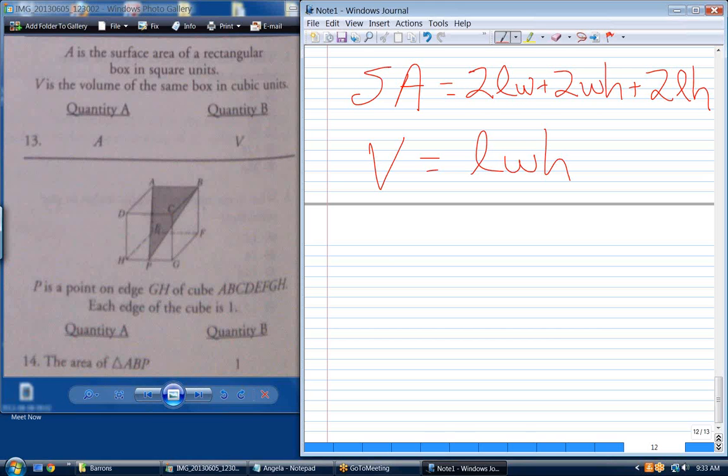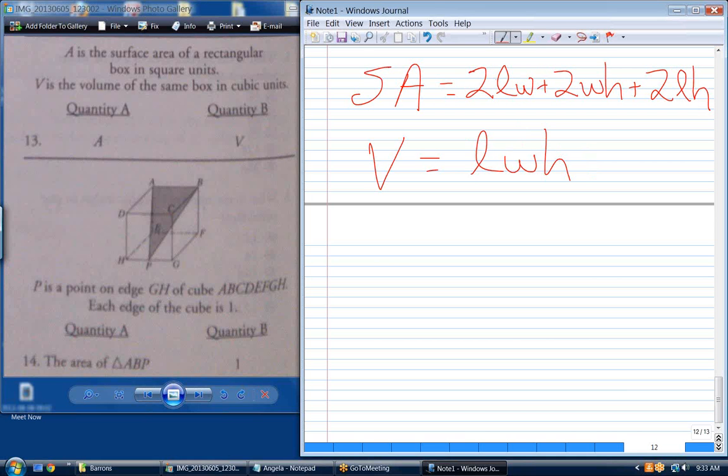What if L, W, and H are all 100? In other words, if L, W, and H are all 1, the volume is 1, clearly the surface area is 6. So in that case, surface area would be bigger.